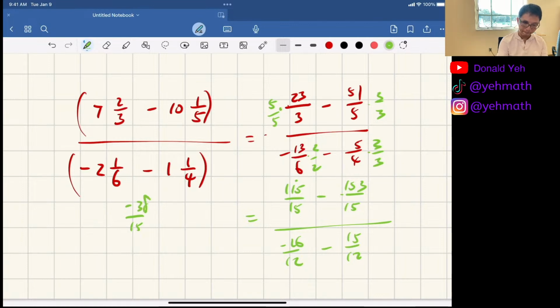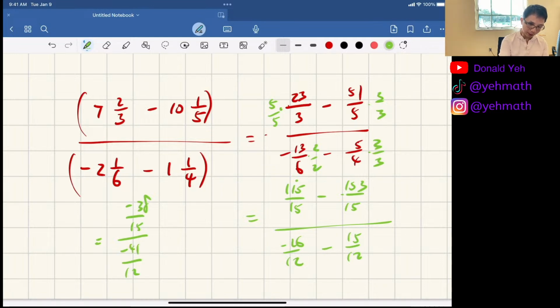I'm doing okay? Over 12. And this one is going to be minus 41. So that's equal to negative 38 over 15. And I'm still dividing, so I just do multiplication. So that's going to be 12 over 41, and that's still negative. So this is 4 and this is 5.